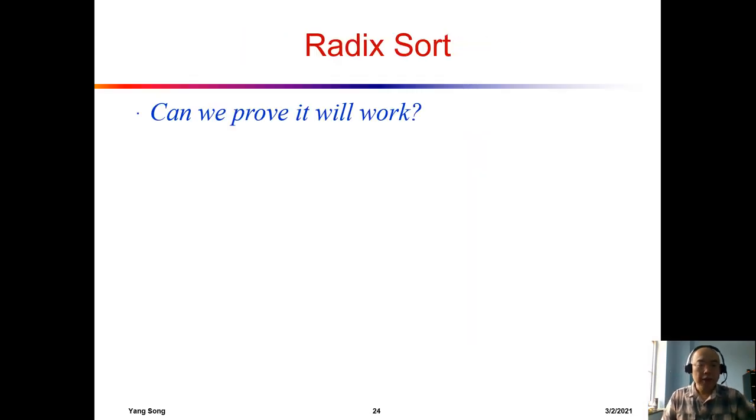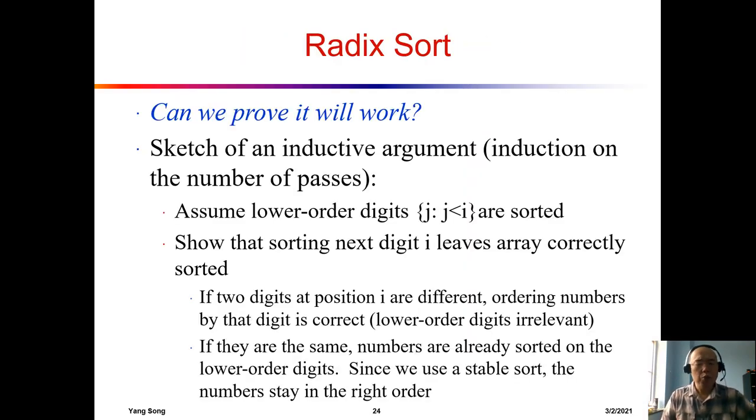And the next question we want to ask is, how do we prove that the Radix sort is a valid sorting algorithm? So we have to assume that the lower order digits, or the less significant digits, are all sorted, and then we are touching the current digit at the position i. If you're comparing two values, there are two possibilities.